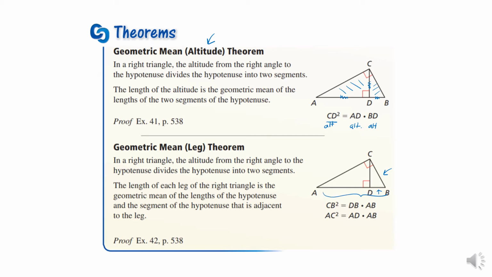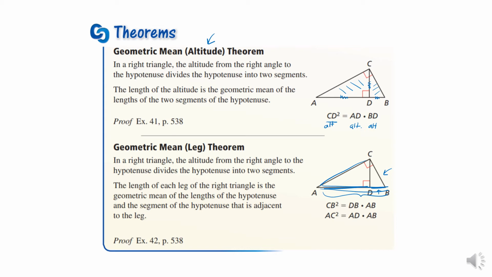So what we're talking about here is the segment that's closest to it. CB is equal to DB times the whole thing. And AC, which is this one, is equal to AD, which is this one, times AB, which is the whole thing. Now, I think these are kind of confusing because I learned them a different way. But if you want to memorize those, go ahead.